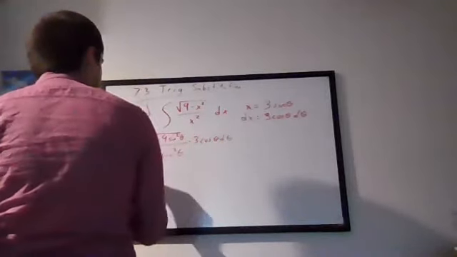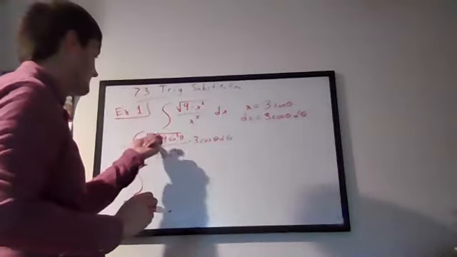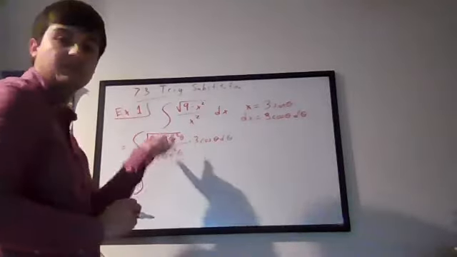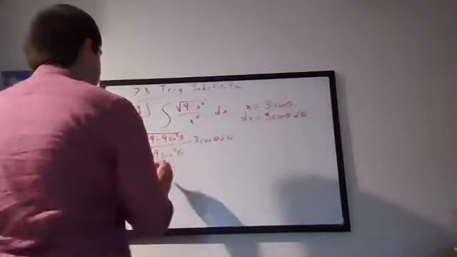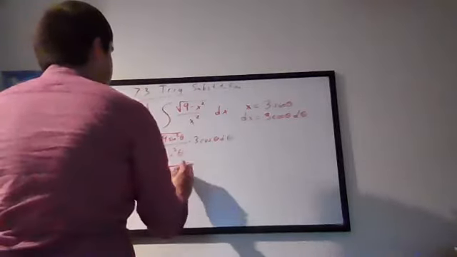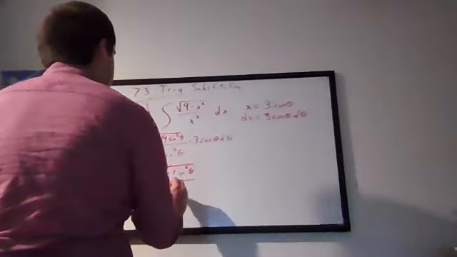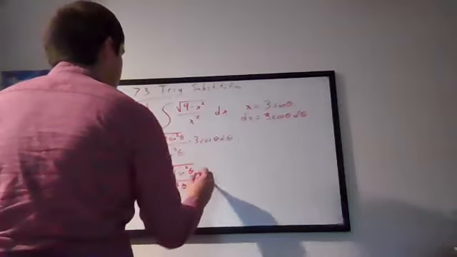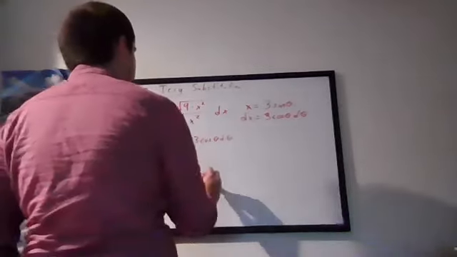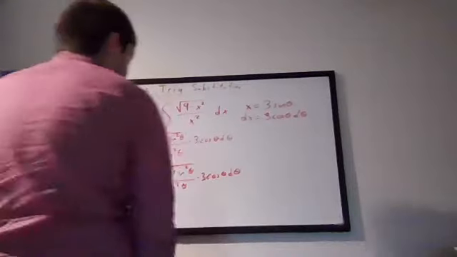But now I can factor a 9 out of both of these terms. The square root of 9 is 3. So I'm going to get 3 times the square root of 1 minus sine squared theta over 9 sine squared theta times 3 cosine theta d theta.